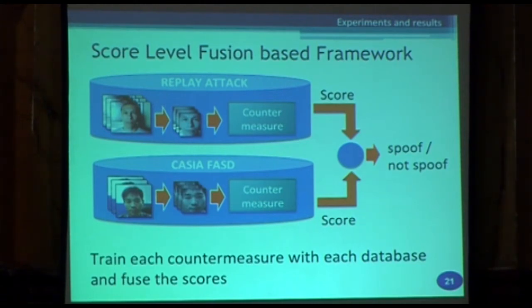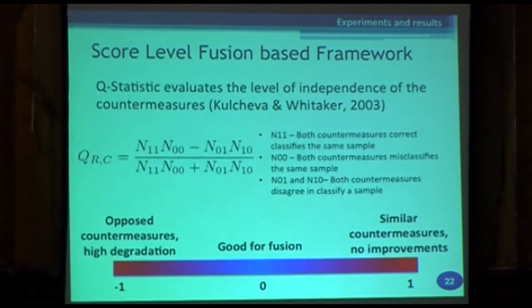For example, we can build a countermeasure specific to print attacks or another one specific to video attacks, and we can combine them. We can also combine countermeasures that are complementary, not just with respect to data. Before going to the result analysis, a word about the combination of different classifiers.